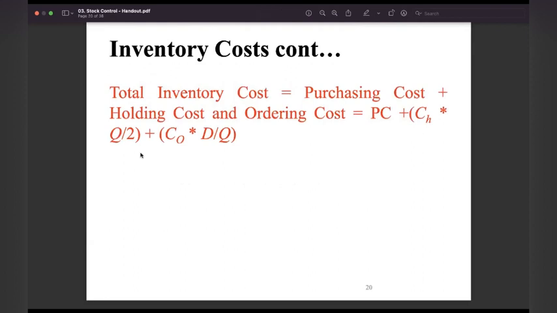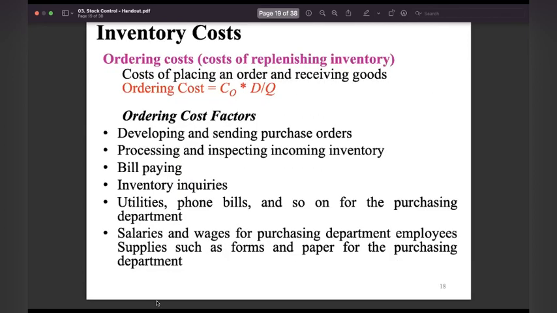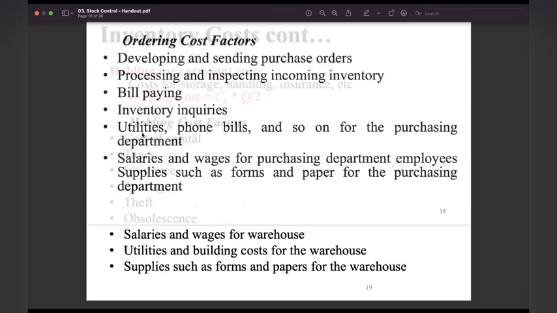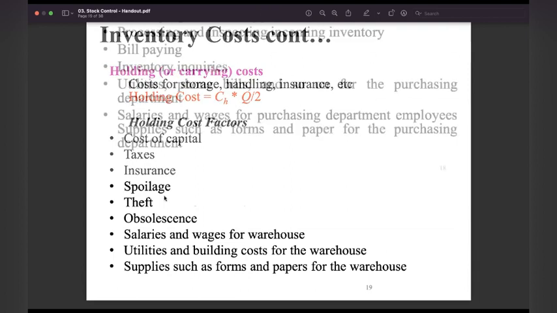Right. So when we are considering total inventory costs, we have purchasing costs, right? So whatever we are paying upfront for the inventory that we bought. Then we have to add any holding costs. If these types of costs are given, we need to add those costs.